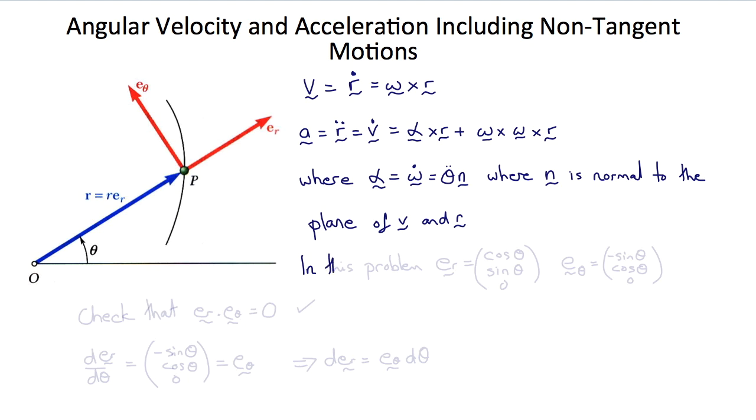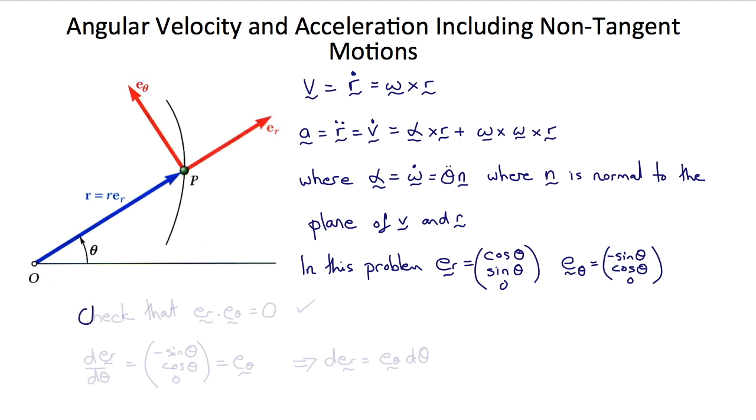Now in this problem, the radial unit vector would have Cartesian components of cosine theta, sine theta, and 0. So cosine theta, sine theta, and 0. And the theta unit vector will be perpendicular, so it will have components minus sine theta, cosine theta, 0.